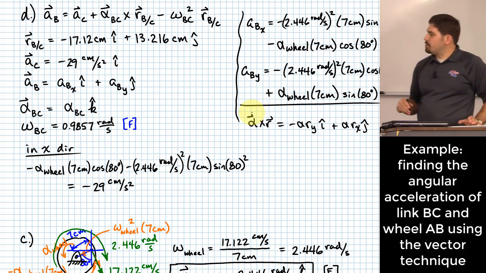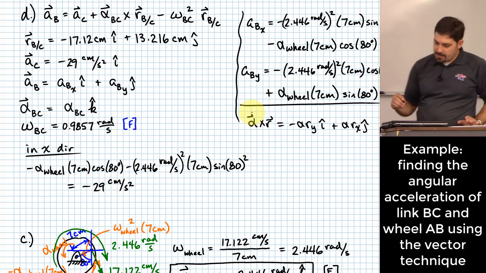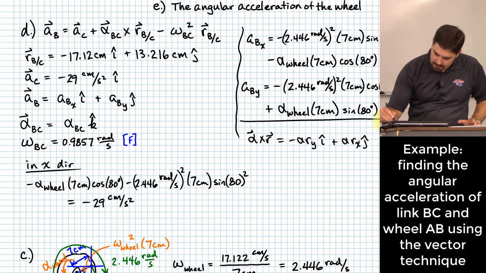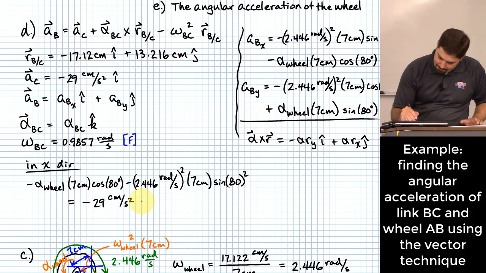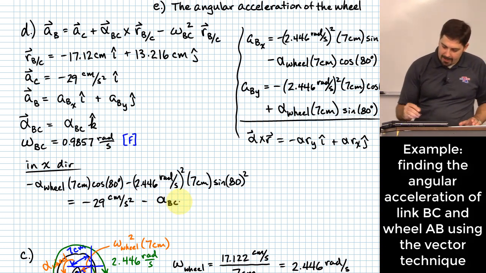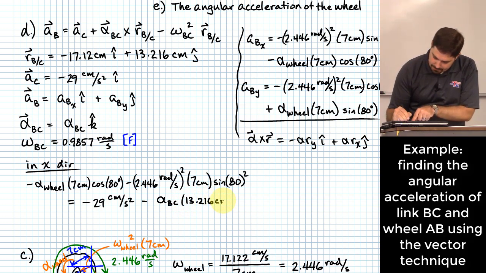So for us, if we're just dealing right now in the x direction, then what I do is I take minus alpha BC times RY. RY is just going to be 13.216 centimeters.